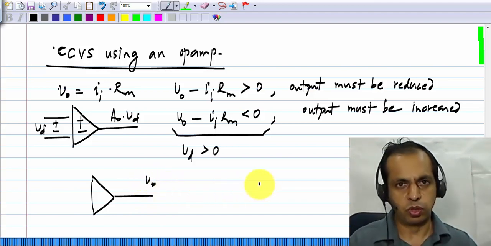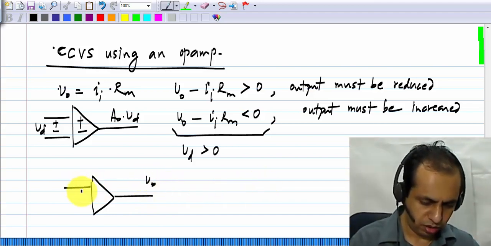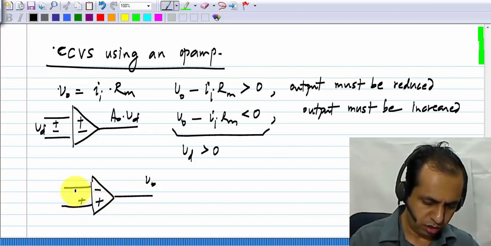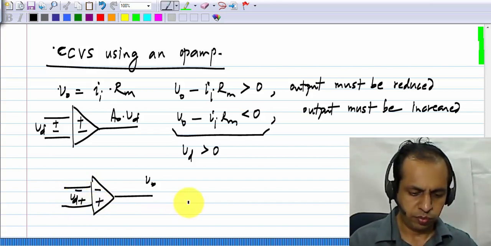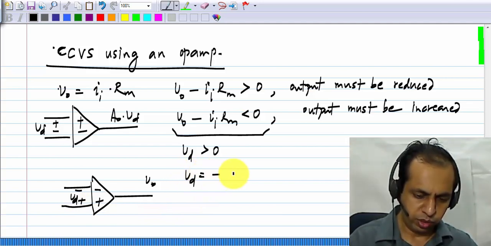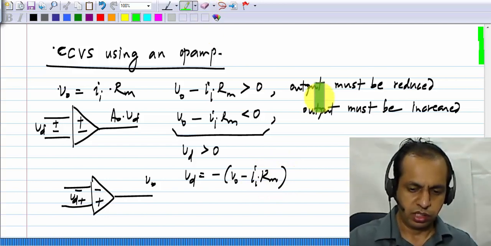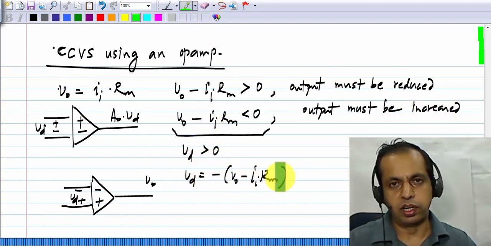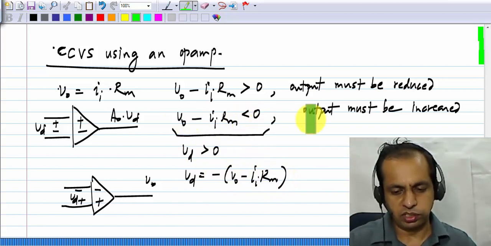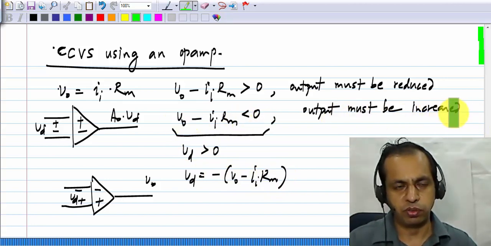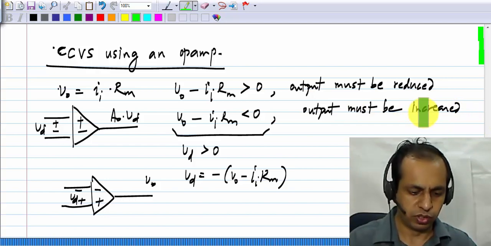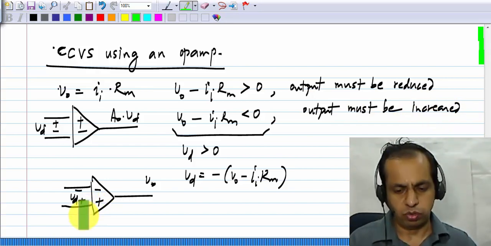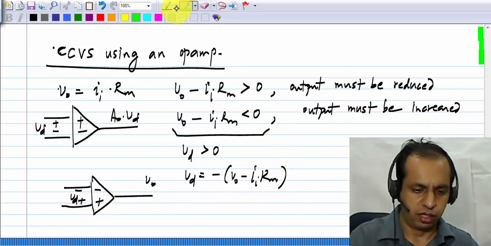If this is the output voltage and this is Vd, I would like Vd to be minus (V0 minus Ii Rm), so that the actions described here can happen. If Vd equals V0 minus Ii Rm, what happens is that when Vd is less than 0, the output will be further reduced to negative values. That's not what you want. So Vd has to be equal to minus (V0 minus Ii Rm).